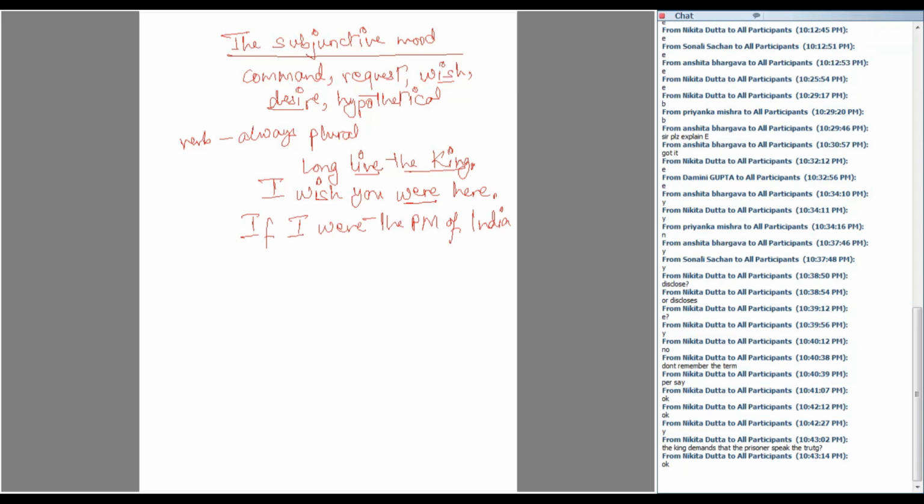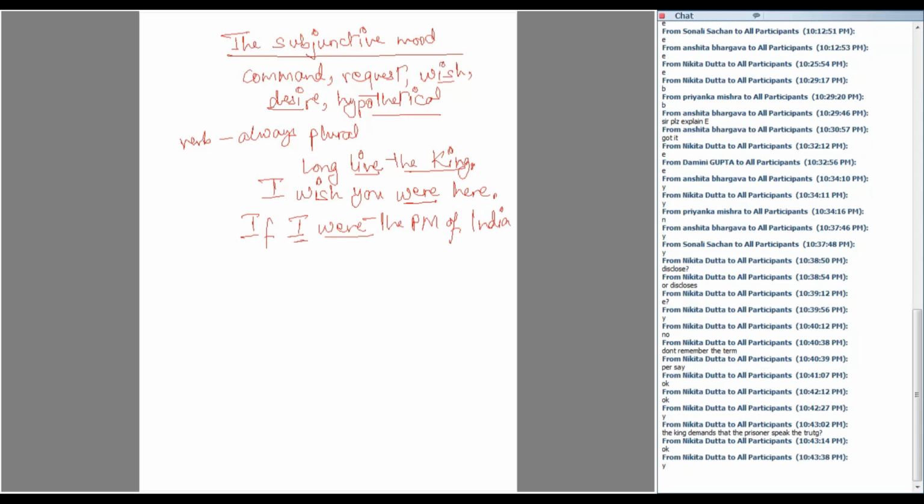Here I is singular, but it is were. Hypothetical. So whenever there is any command, request, wish, desire, something hypothetical, something that you cannot change, it is said to be in the subjunctive mood, and in the subjunctive mood the verb is always plural.